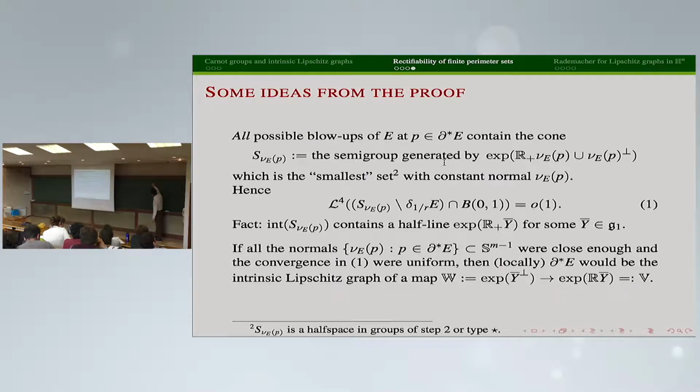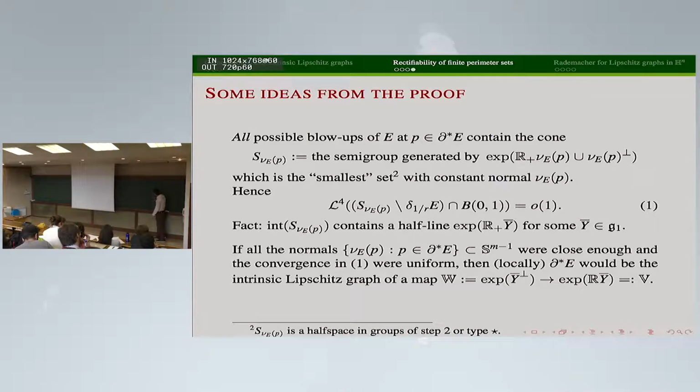But if you perform the blow-up here, the complement is covering almost all of this opposite cone, and so almost all of this part here. So what I depicted here should be at the same time covered 99% by the set and 99% by its complement. This is not possible.